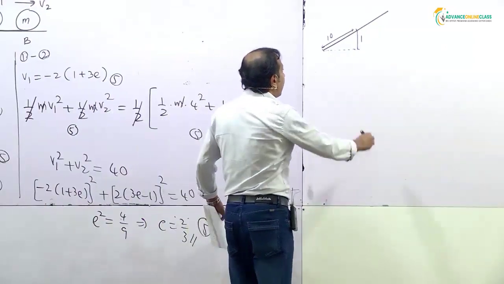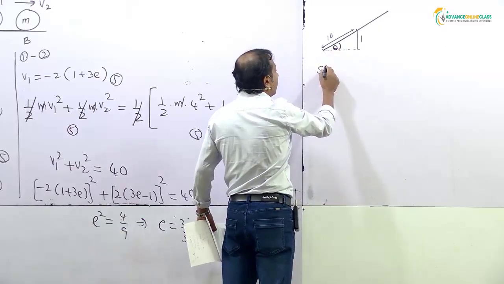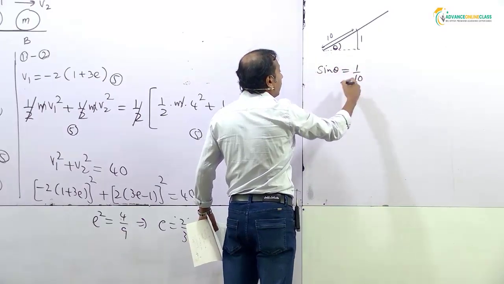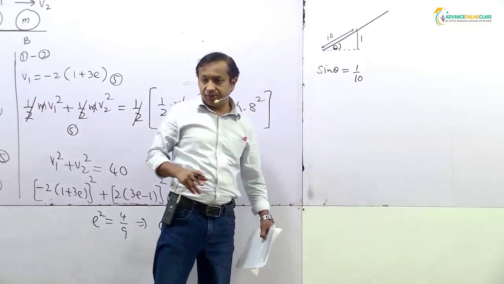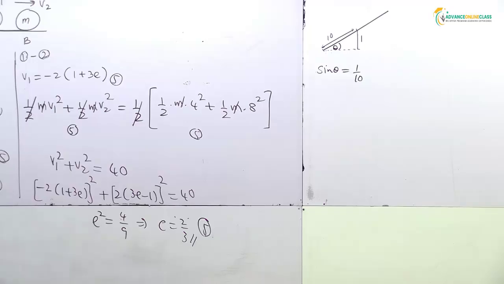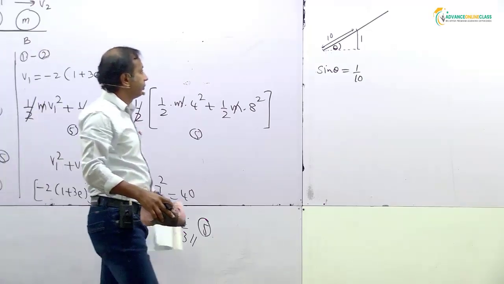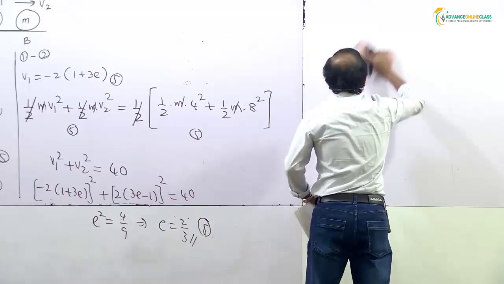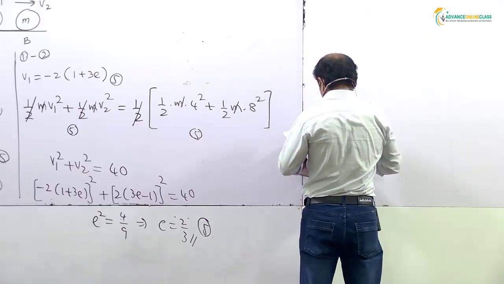In other words, if this angle is theta, sine theta equals 1/10. That's what it says. Sine theta is 1/10.